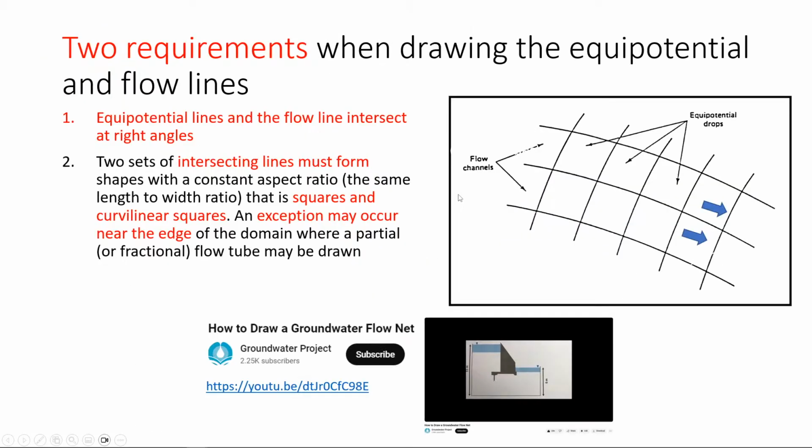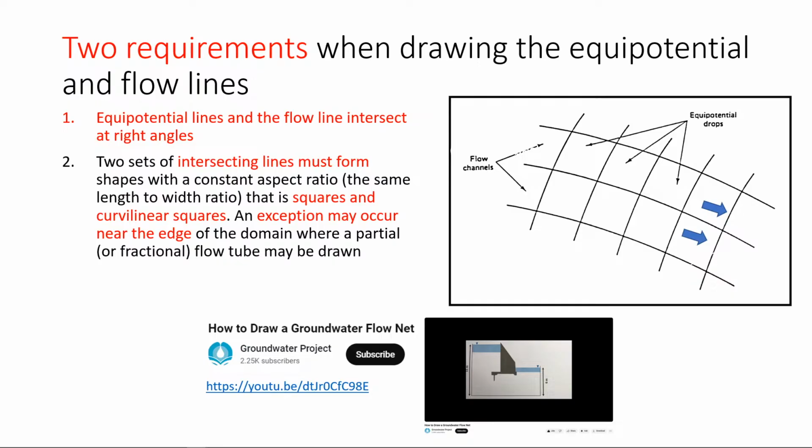So how to draw these guys? Two things. Draw your boundary condition. We talked about it. After you sketch your boundary condition to scale, you sketch your equipotential line and flow line, and they must intersect at right angle.